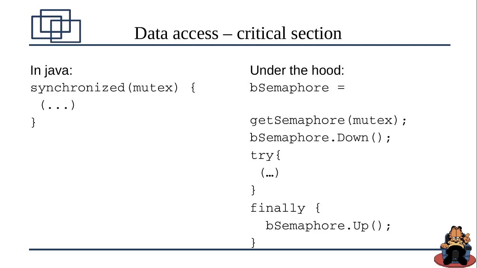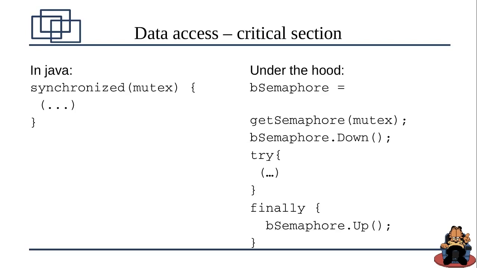In most high-level coding languages, this is the most commonly used synchronization method for accessing data. And yeah, as I said, it simply allows you to restrict the access to a certain piece of code to only one thread.